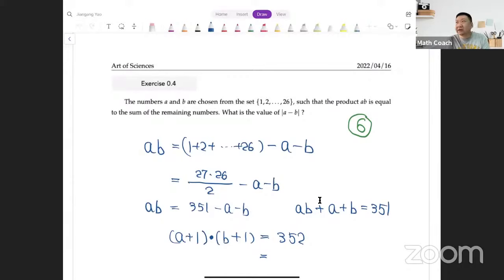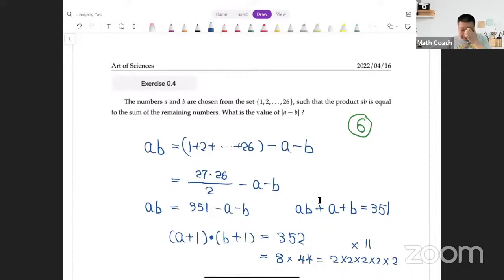At least I noticed it's close to 360, so there must be a 4. Actually there's an 8 in it, right? So 8 times 44, and 8 is a bunch of 2s. 2 times 2 times 2 times 2 times 2 is 32, times 11, right? So 5 factors of 2 and a factor of 11.